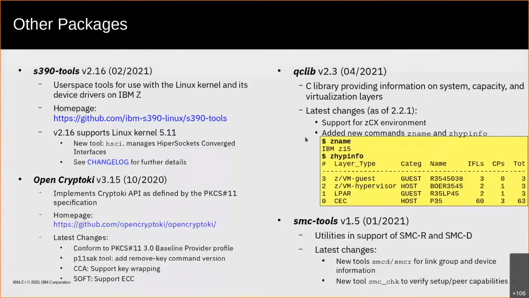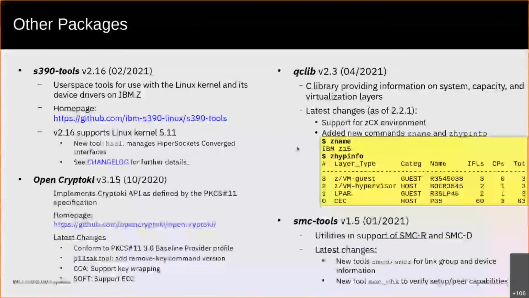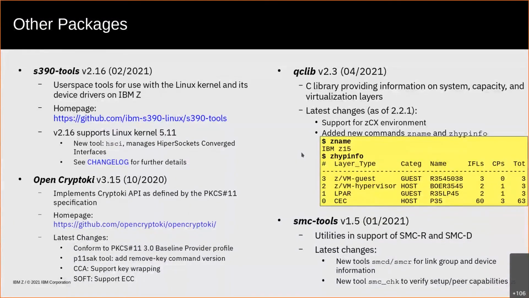QClib had an update this year, which added two new commands due to requests from our users on the public mailing list. I think that even was on the CVM mailing list, actually. For one, the chypeinfo, which is a command which prints the virtualization stack you're running on.